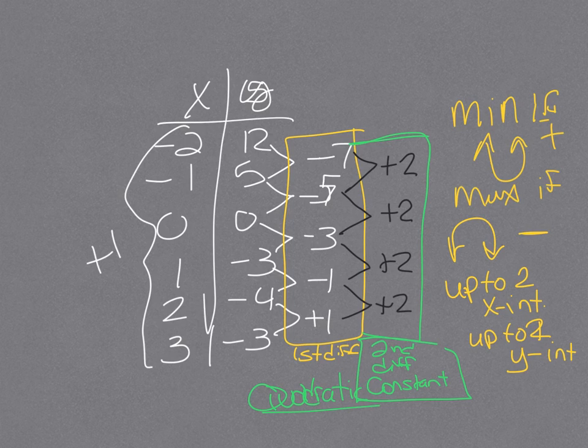So you're going to have a minimum or a maximum, and you can have x and y intercepts too. For an x-intercept, remember that it's a quadratic, you'll probably have 2. So that's your constant second difference for a quadratic.